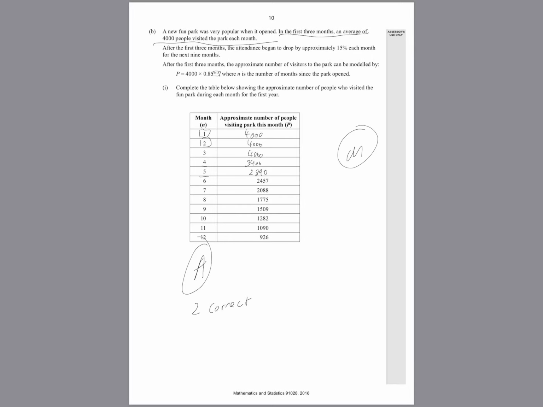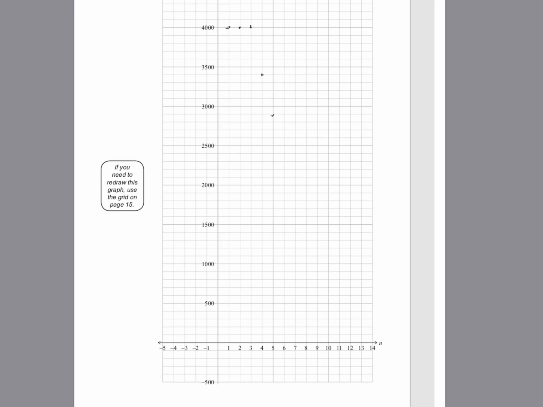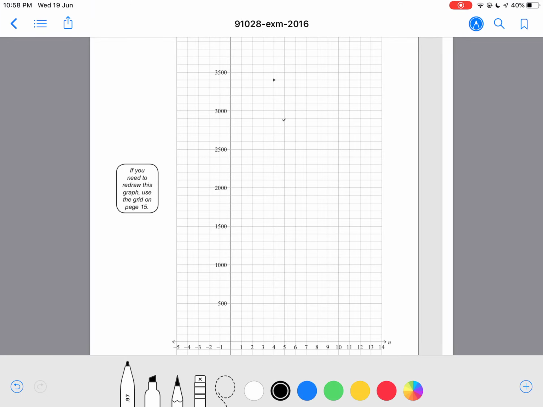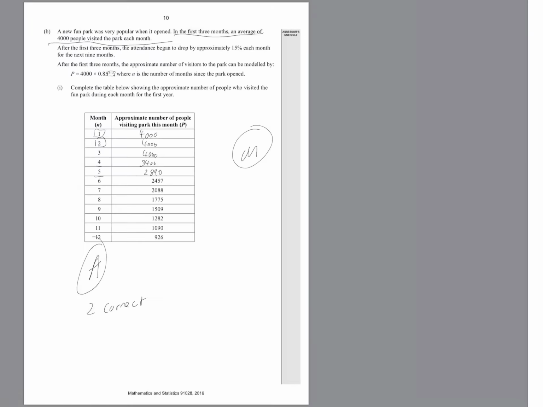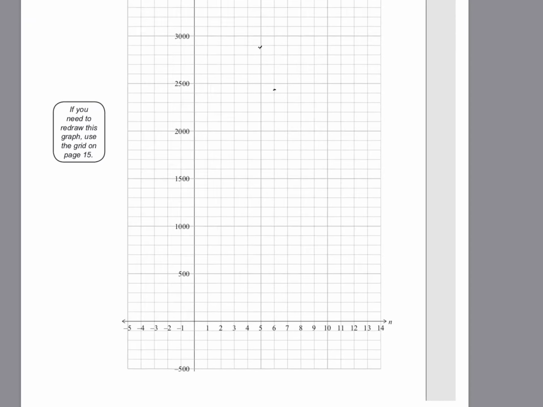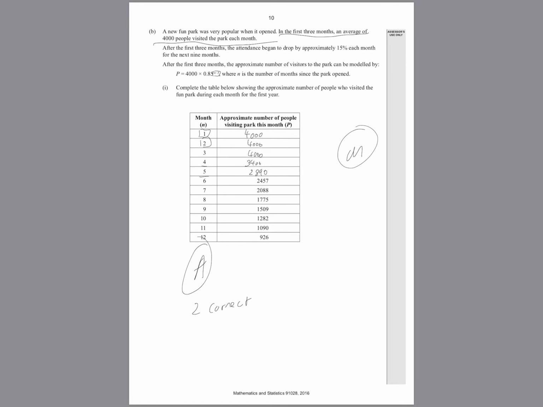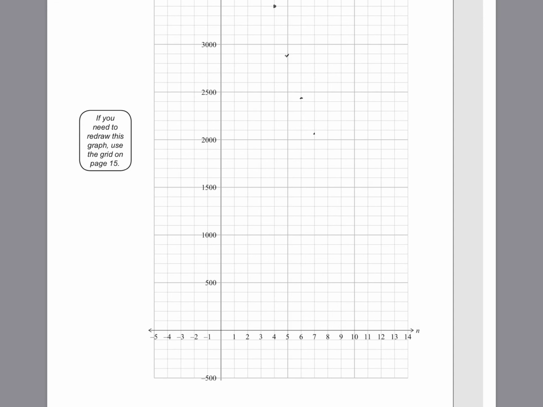Then it drops to 2,457. Then it will drop to 2,088. Then it drops to 1,775.